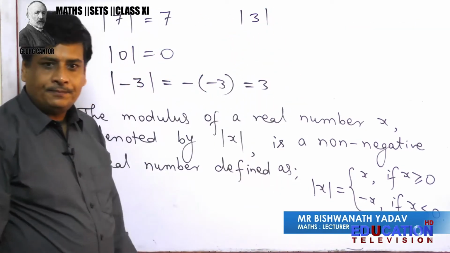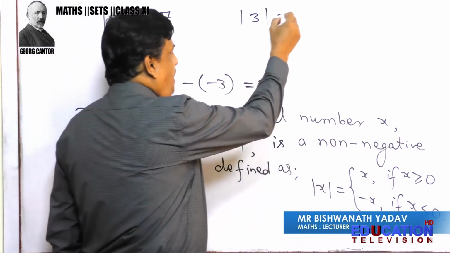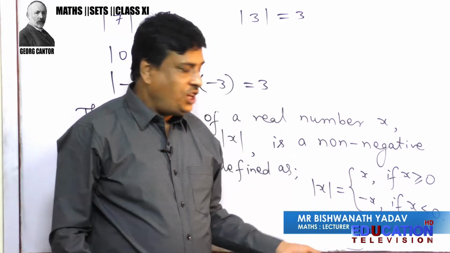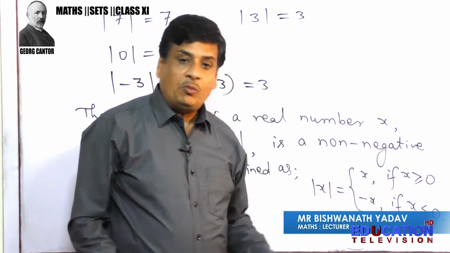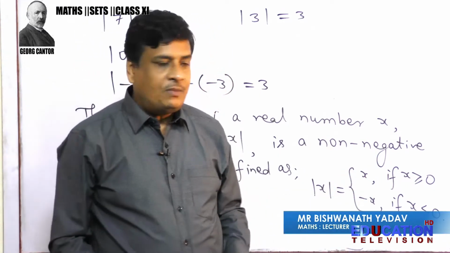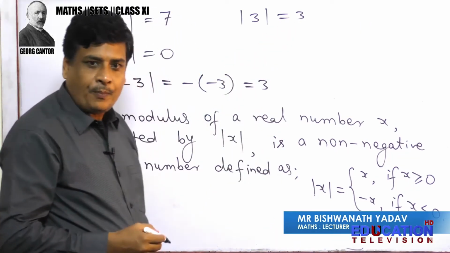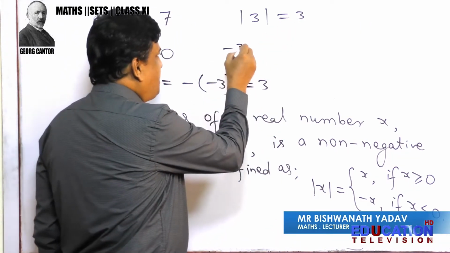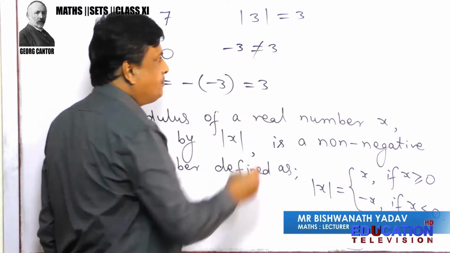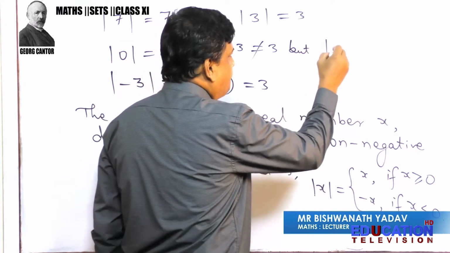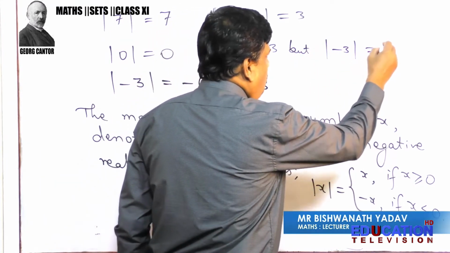Modulus of 3 is equal to 3, as 3 is positive. In case any number is positive, remove modulus without any change in that number. So modulus 3 is equal to 3. Here there is a question. Minus 3 is different from 3, but modulus of minus 3 is equal to modulus of 3.